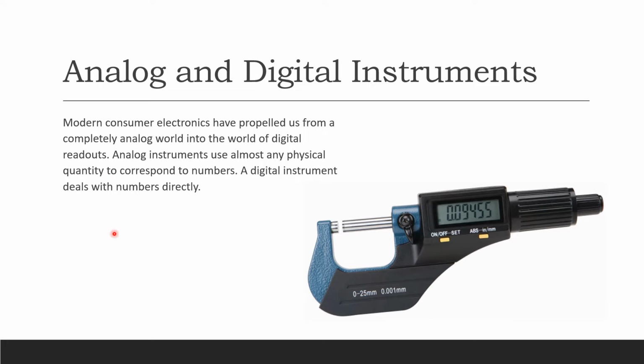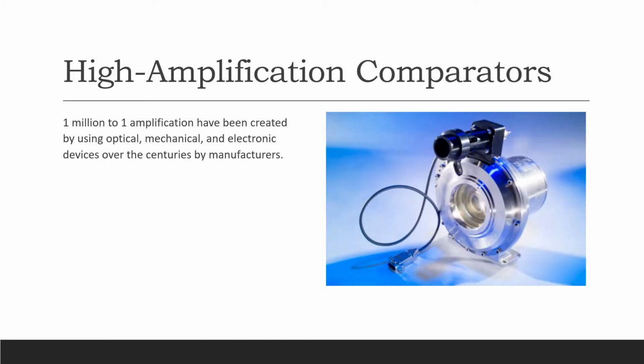A digital instrument deals with numbers directly. So it is easy. High amplification comparators: we go to 1 million to 1 amplification, and that's been created by using optical, mechanical, and electronic devices for centuries.